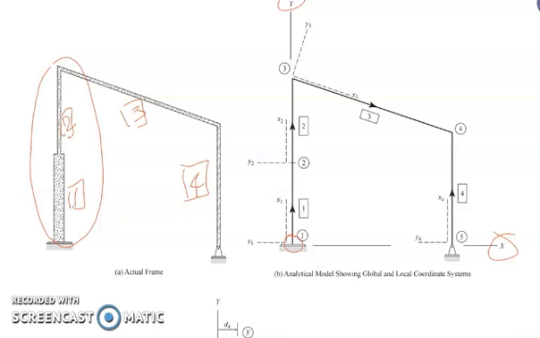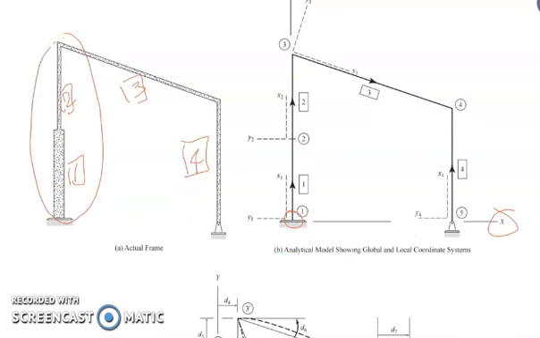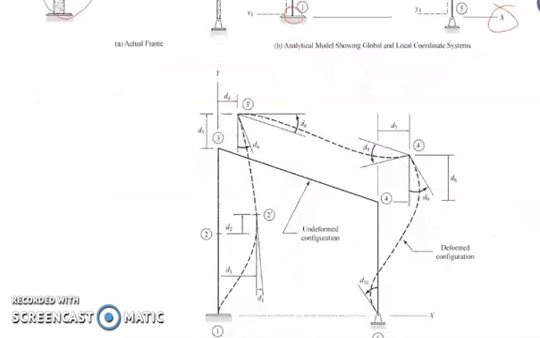So for this one, we have now identified our local and global coordinate system. We have here 1 as a subscript if it belongs to the first member. So 2 refers to the second member, 3 refers to the third member, and 4 refers to the fourth member. Now, of course, when it is subjected to an external load, there will be deformation.